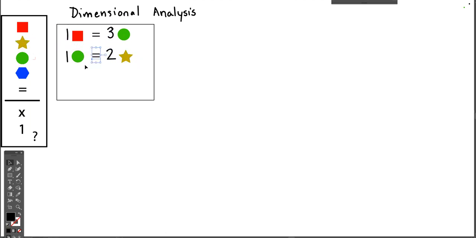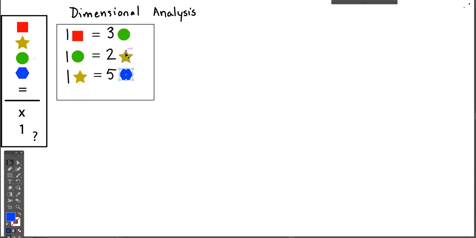Okay, and just for the sake of really pushing our knowledge and skills here, let's do one more conversion factor of 1 gold star is equal to, let's go wild here, 5 blue hexagons.